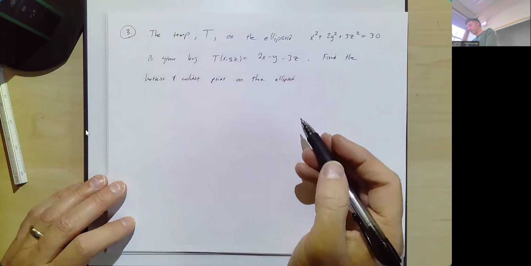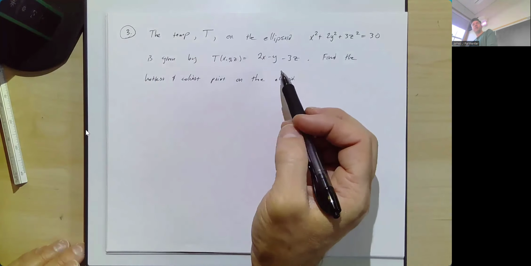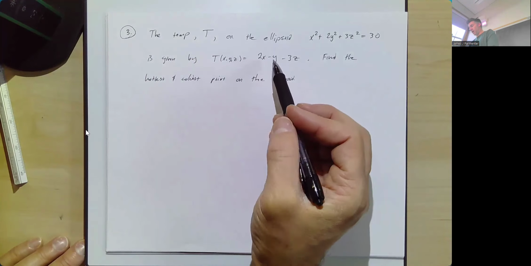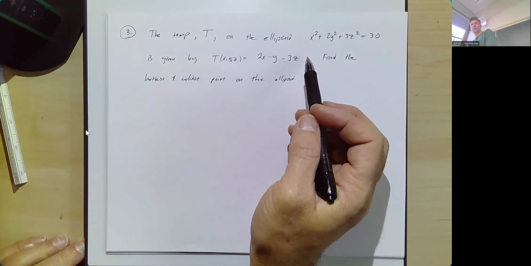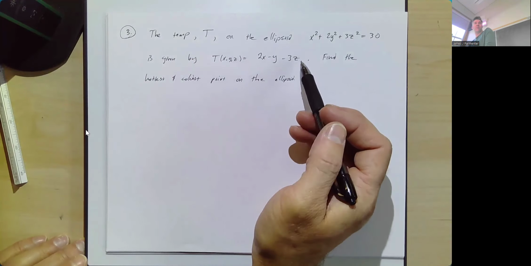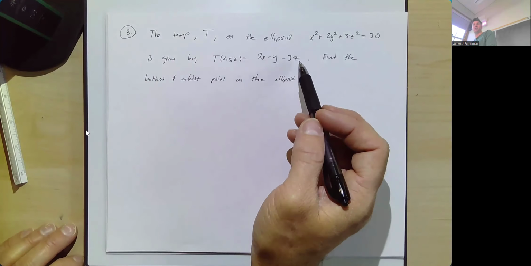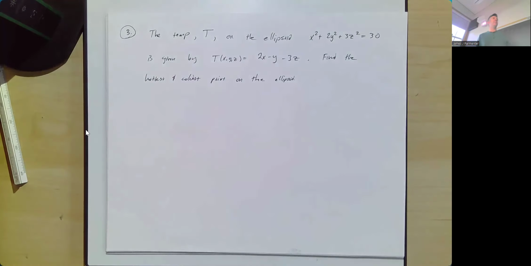Just looking at this equation, to find the hottest point, you would want a positive x coordinate and negative y and z coordinates. And to find the coldest point, you would want the vice versa: a negative x coordinate and positive y and z coordinates. That might not necessarily happen, but it's something I'm seeing when I look at this equation.